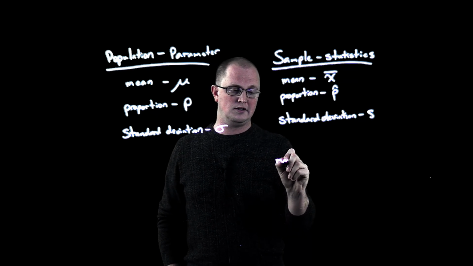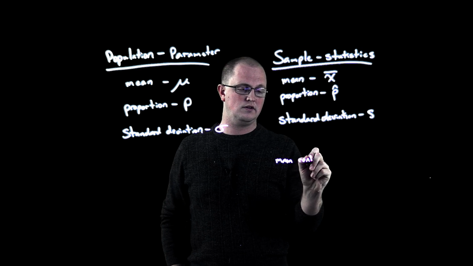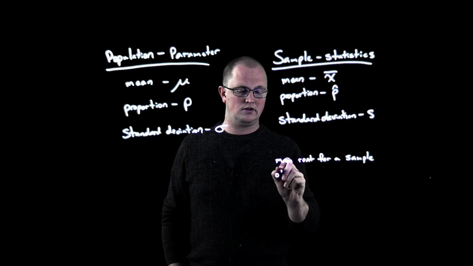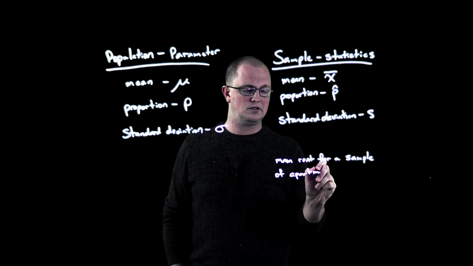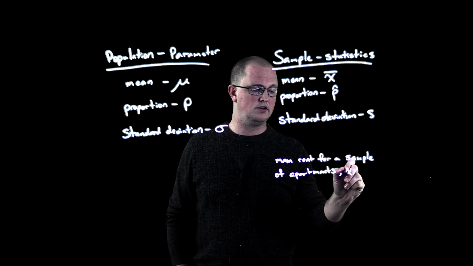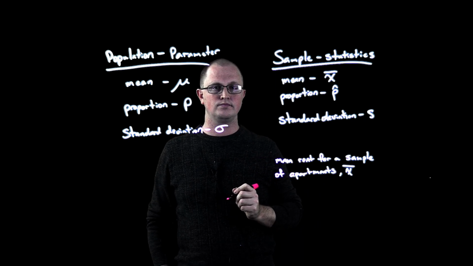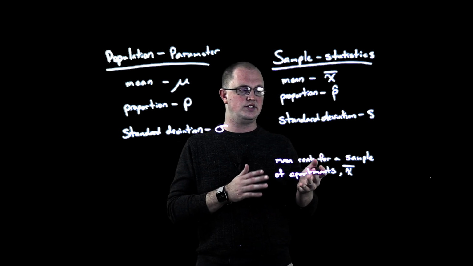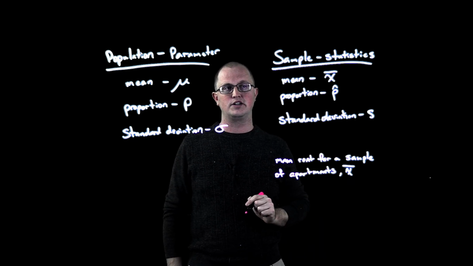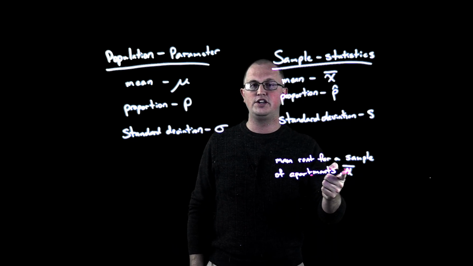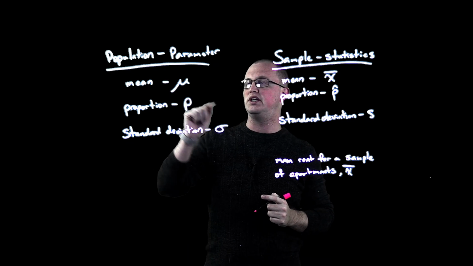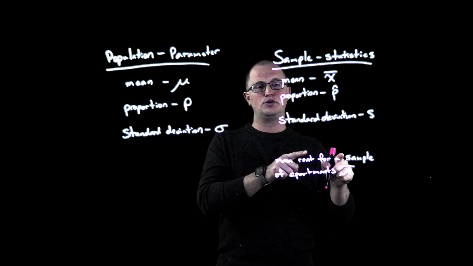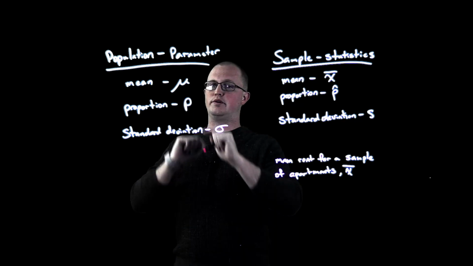So the mean rent for a sample of apartments is going to be x bar. And the goal of doing this is to try to use the information that you have about x bar from your sample to figure out what you think the actual mean price of an apartment is. So you're trying to use x bar to infer some information about the parameter mu.